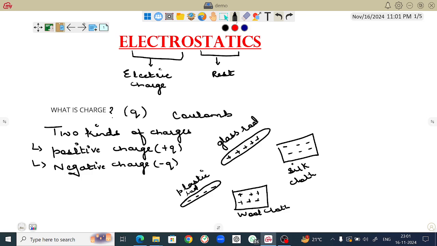Now comes the fundamental law of electrostatics. It states that like charges repel each other.